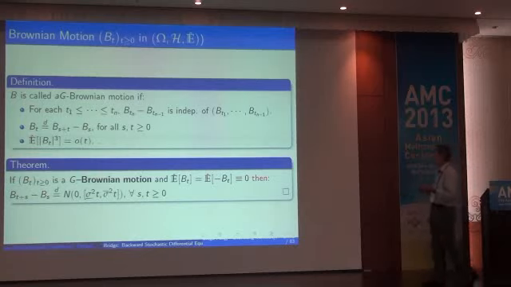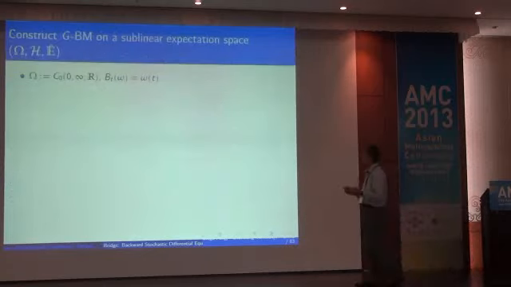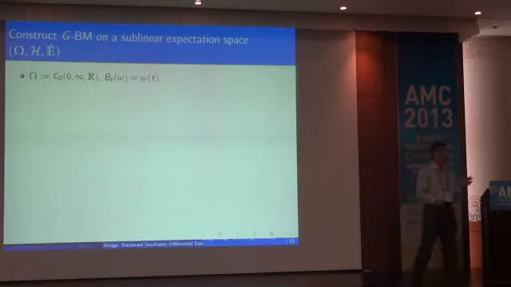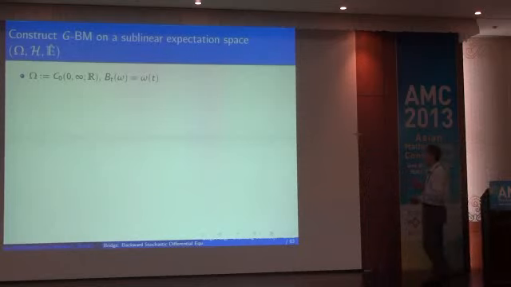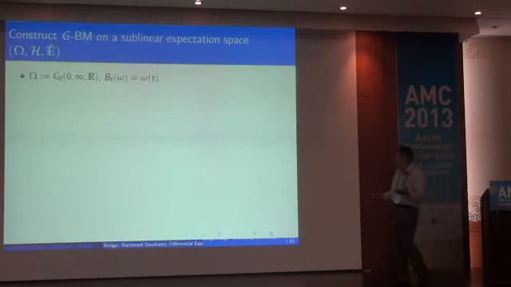And the construction of G-Brownian motion is linked to what I call path-dependent PDE, which I mentioned in 2000 as a question in 2010.